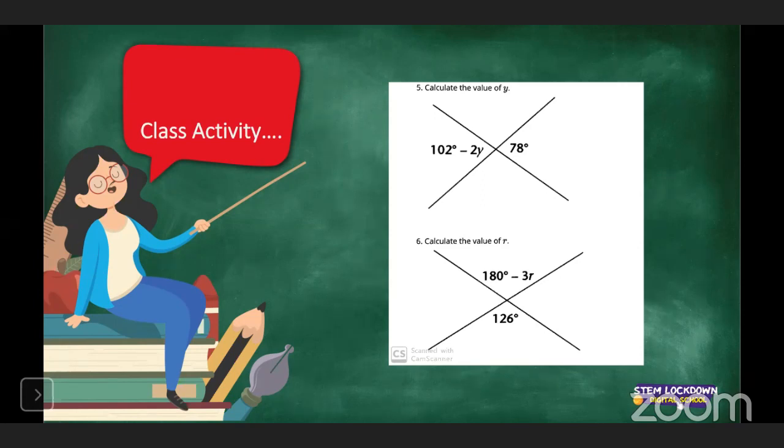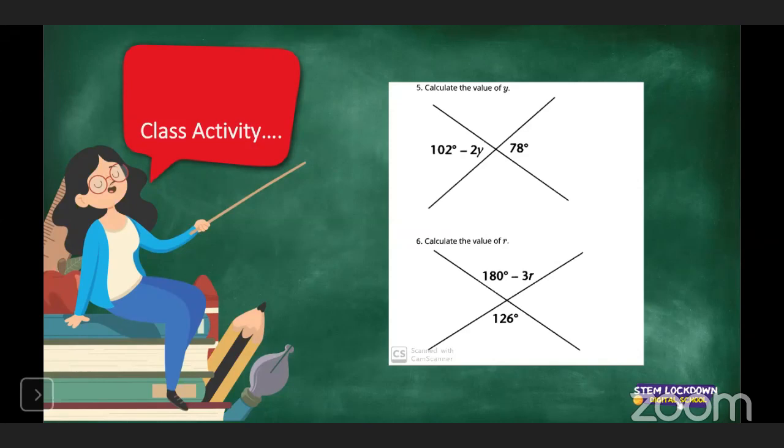Ne? And you can see that these lines are straight. So it basically means they are vertically opposite. And when they are vertically opposite, it means that vertically opposite angles are equal, right? So it means that 70 degrees is vertically opposite to 102 degrees minus 2y.